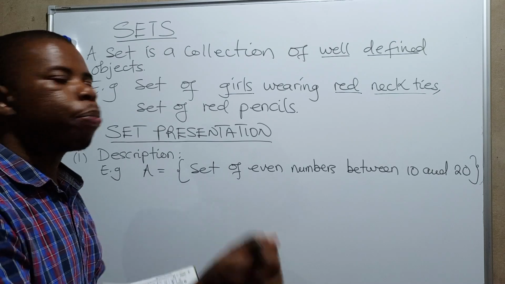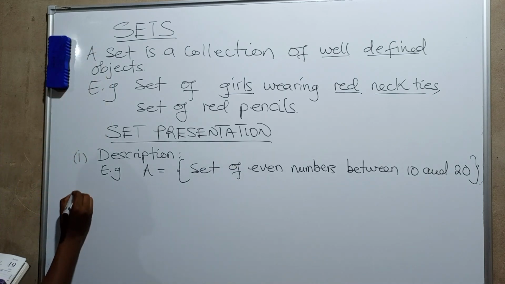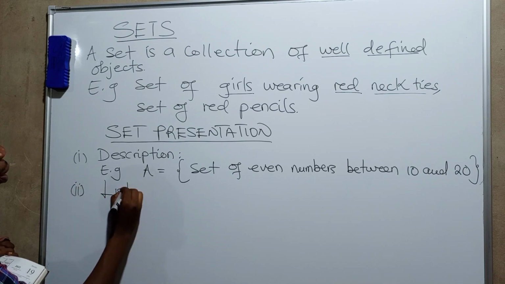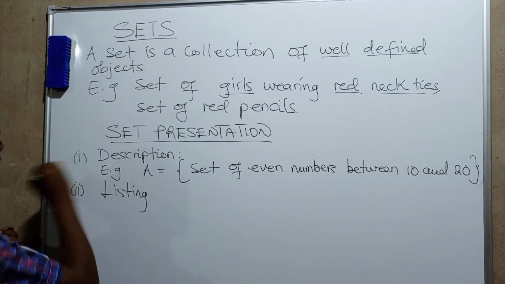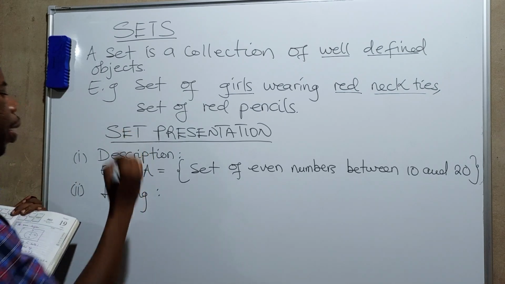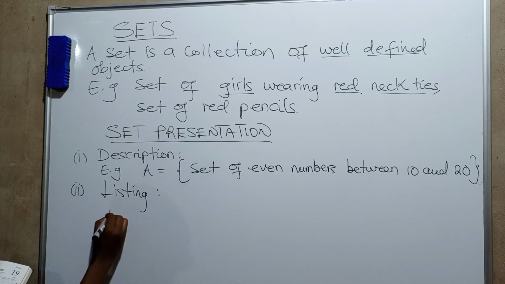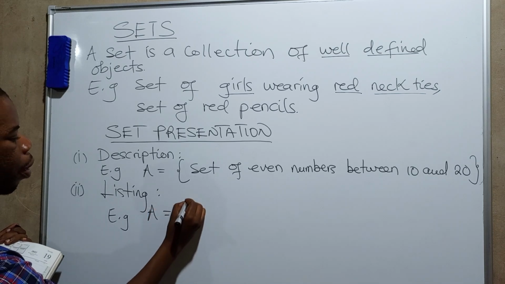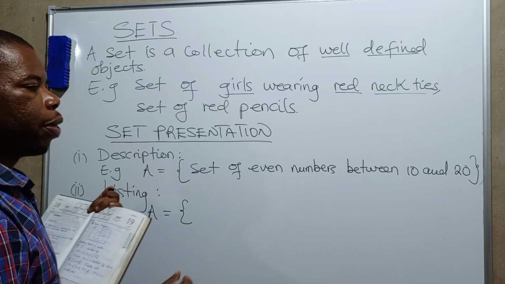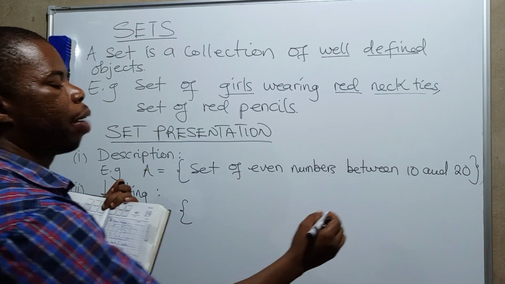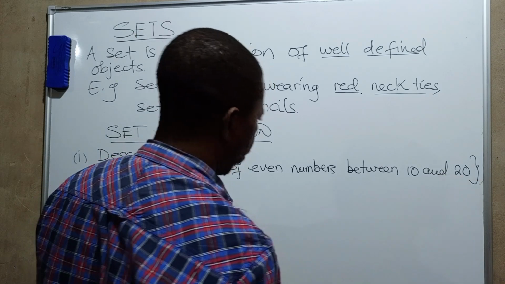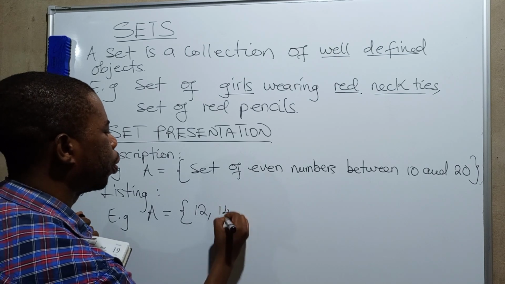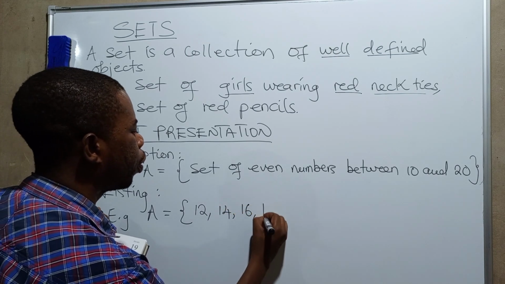So the other way of representing sets, number two, is what we call listing. Under listing, we can have the same set A. Here we can list the even numbers that are between 10 and 20, like 12, 14, 16, 18.